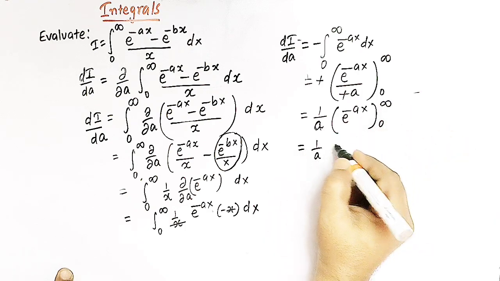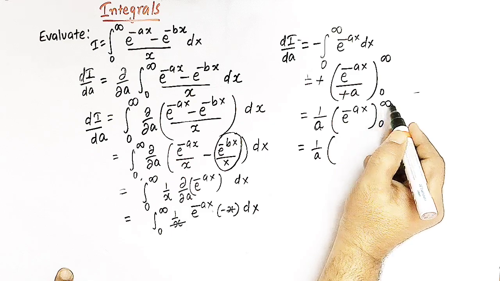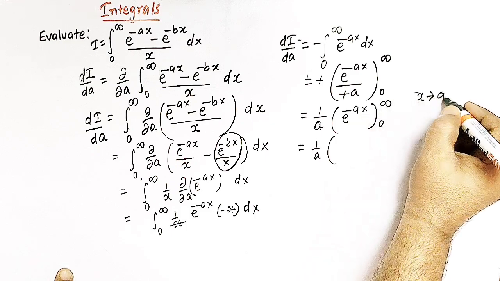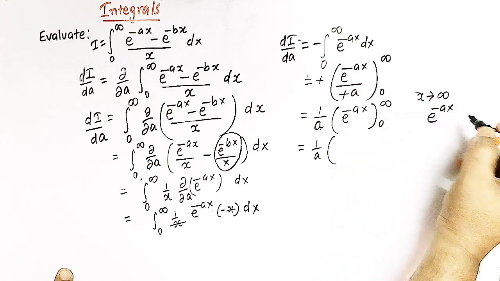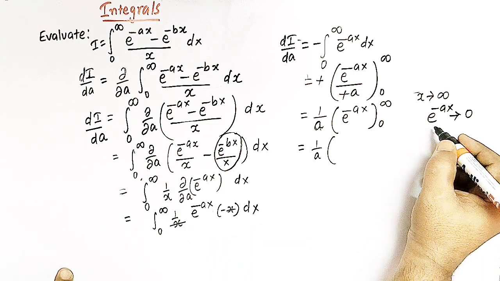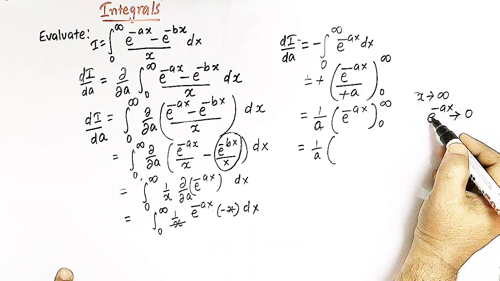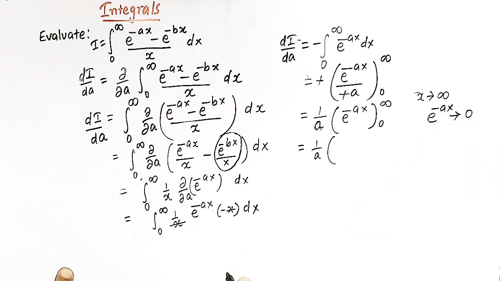So now we can see that when x tends to infinity, that is the upper limit, then e raised to minus ax tends to 0, because we have e raised to minus infinity, and e raised to minus infinity tends to 0.